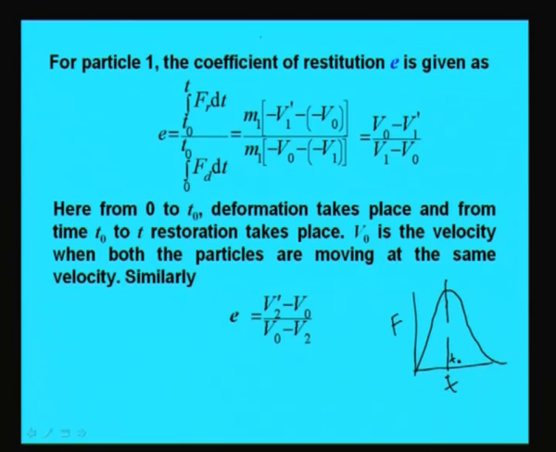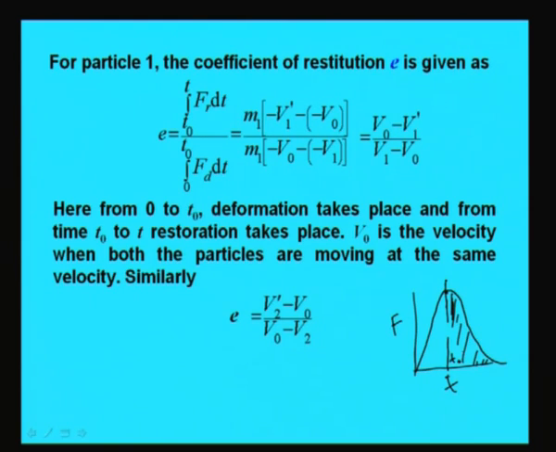So therefore this becomes the integral from T0 to T of Fr dt, that force keeps on increasing, divided by the integral from 0 to T0 of Fd dt. So T0 to T is the restoration period.